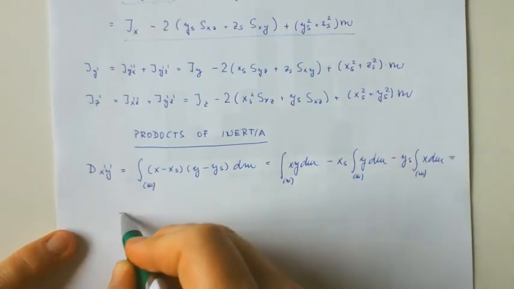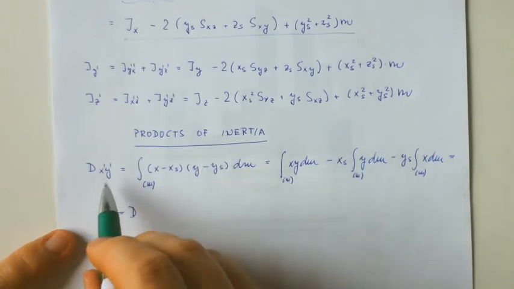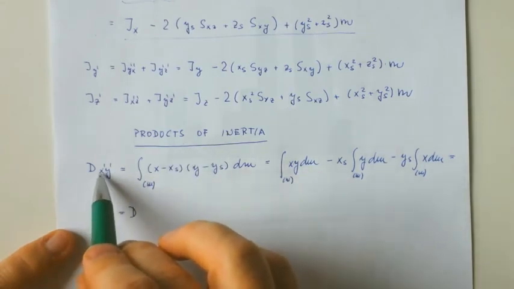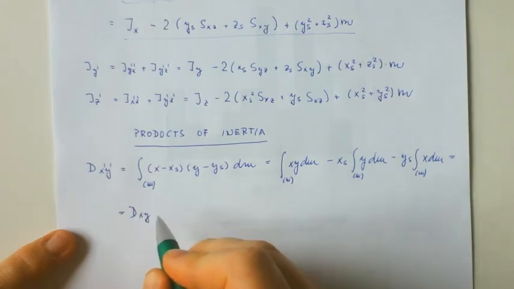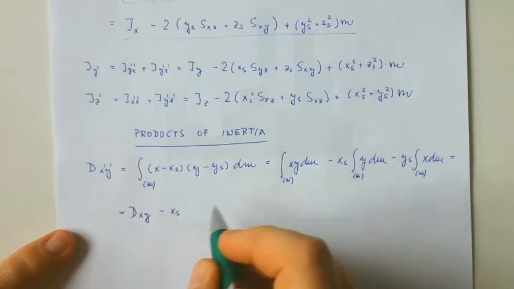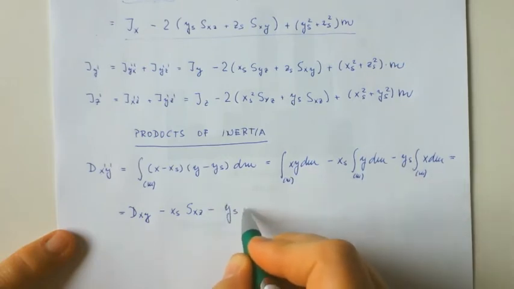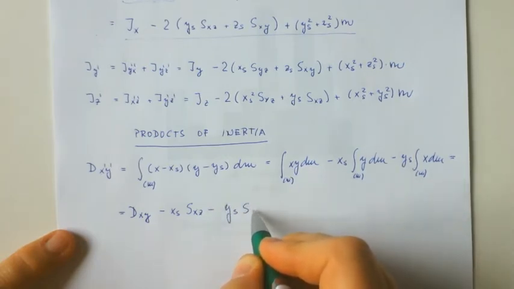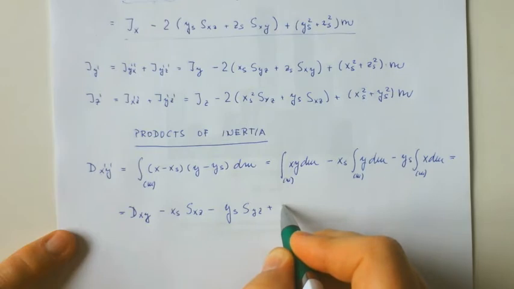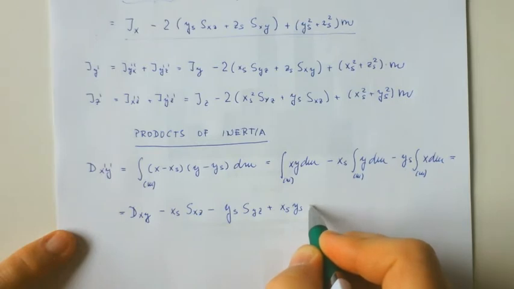So finally, this is the product of inertia with respect to axis xy, minus xs by Sxz minus ys by Syz plus xs ys by m.